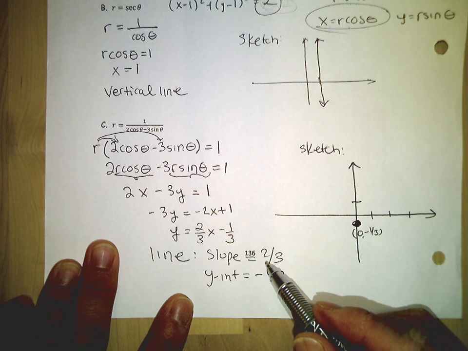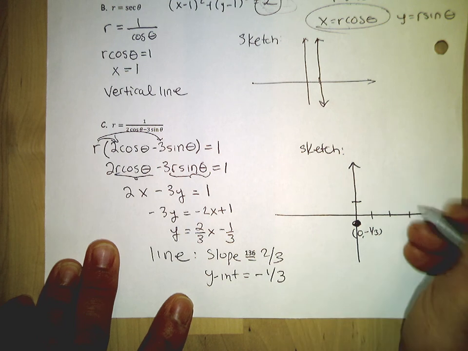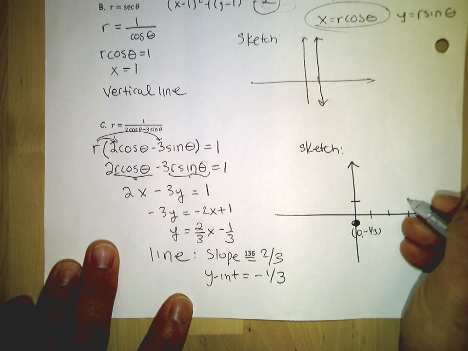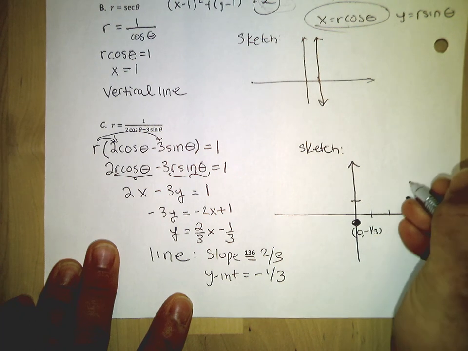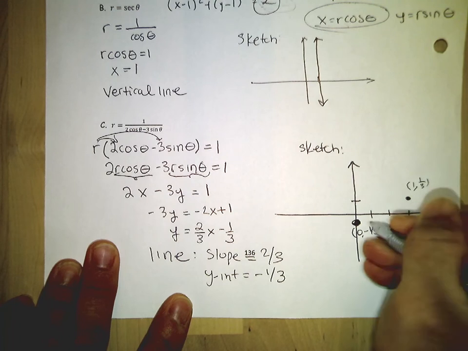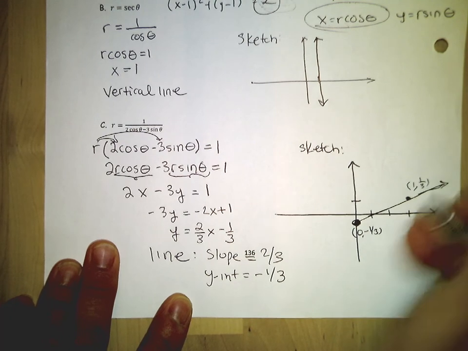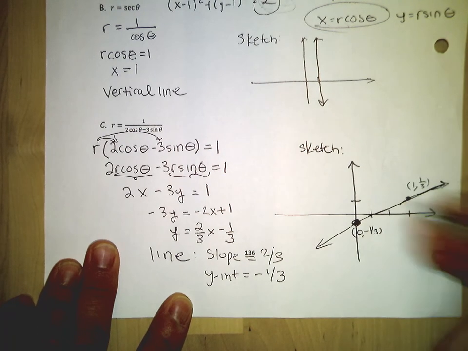I go up 2/3 and then to the right 1. All right, so this is 1/3, and this is what this looks like. All right, it's a line.